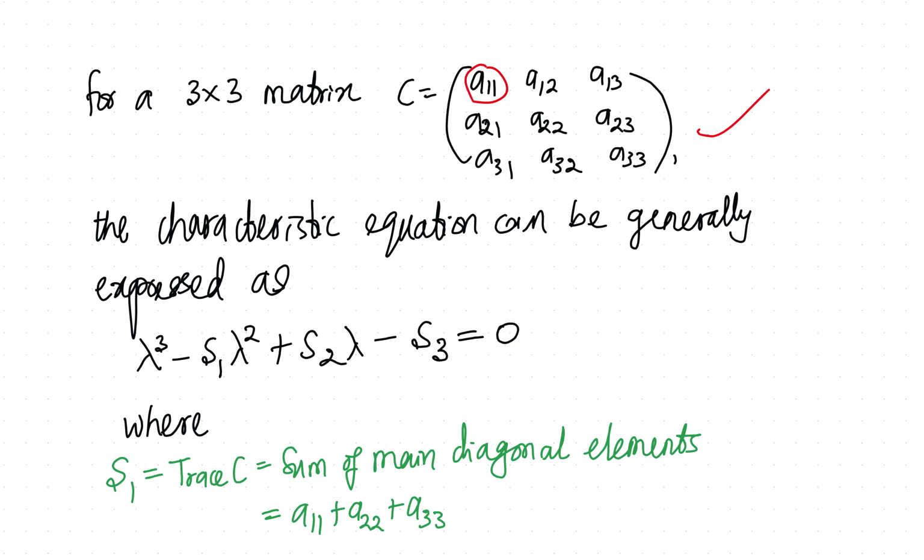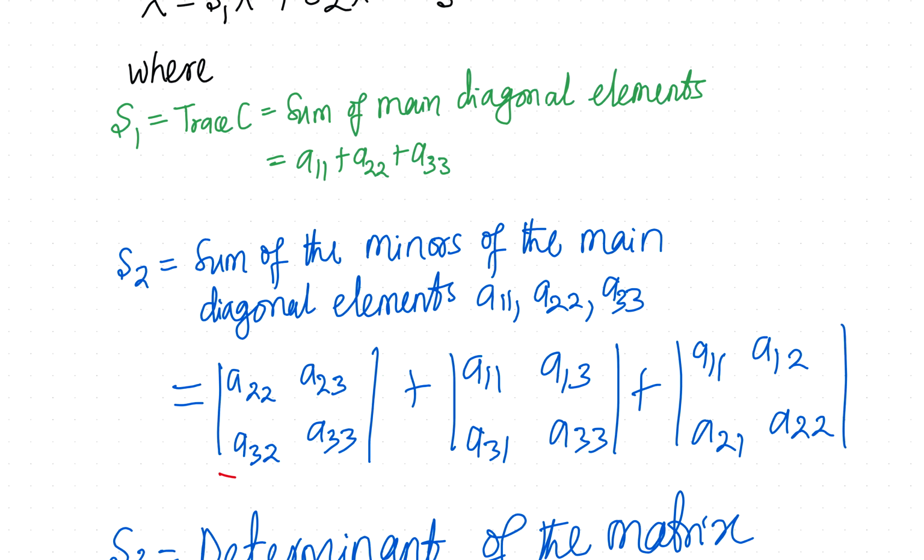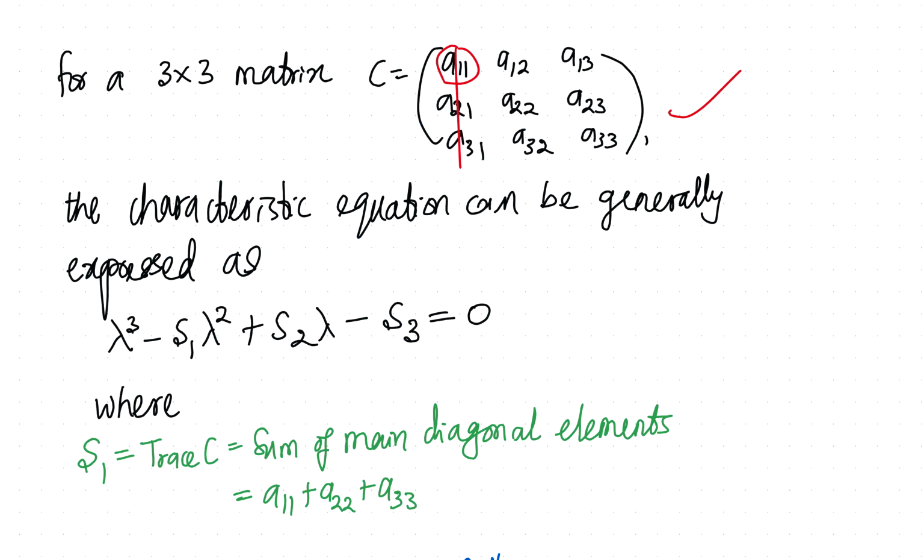So you have A22, A23, A32, A33. And that is exactly what comes here. For the next one, we want to find the minor of A22. Cross the column and cross the row. So you have A11, A13, A31, A33. And that is exactly what we have right here.